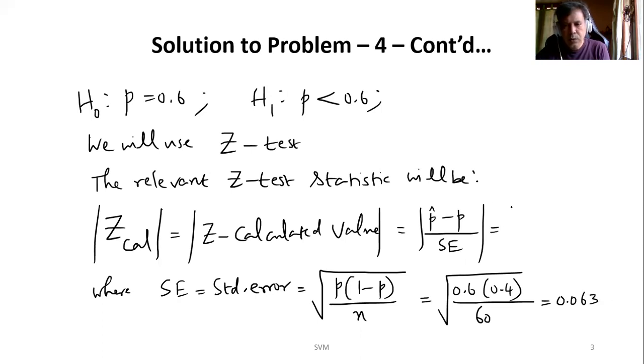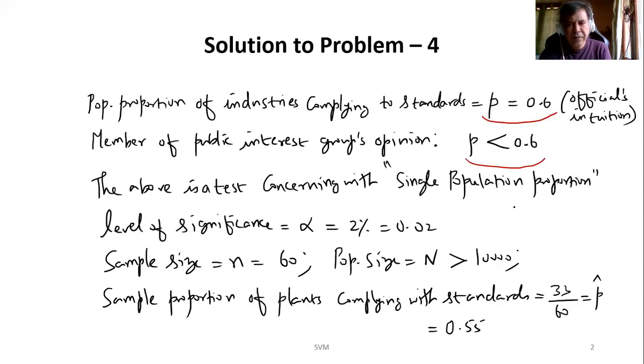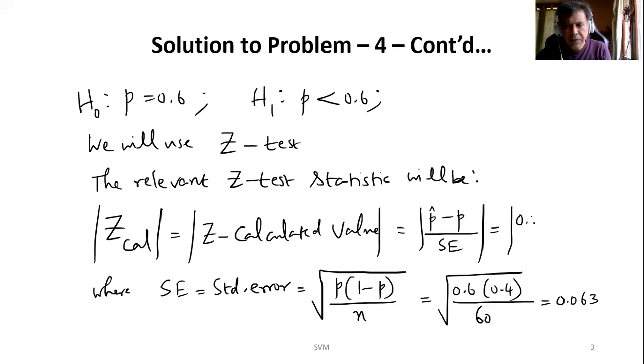So this will become now modulus of P cap. P cap is what? 0.55. 0.55 minus P, which is 0.6, divided by 0.063. If we subtract that, we get 0.794. Since there is a modulus, we ignore the negative sign.